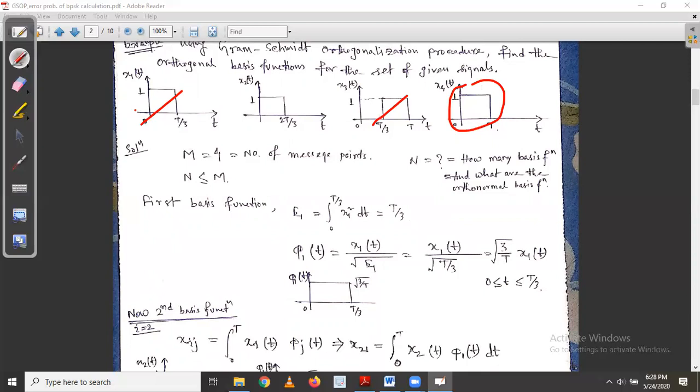So if you add these two, we will get this one. That means we can say that the given message signals are not independent, because one signal depends on the other two signals. So these message points are not independent message points.